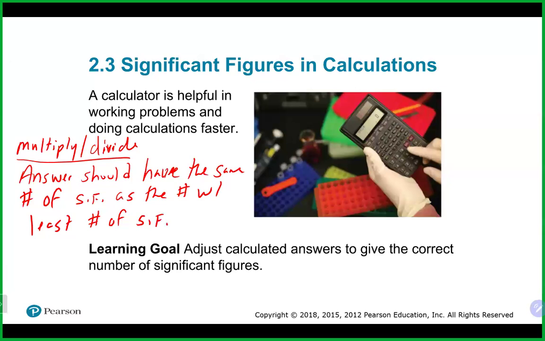So if you're multiplying or dividing, the answer you end up with should have exactly the same number of significant figures as whichever number in your calculation had the least.